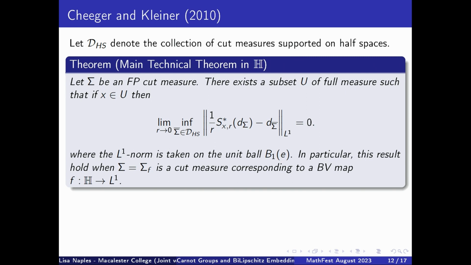You're saying essentially that you can find a measure supported on half spaces that is arbitrarily close to the blowup of the cut measure. So blowups of metrics correspond to cut measures on blowups.